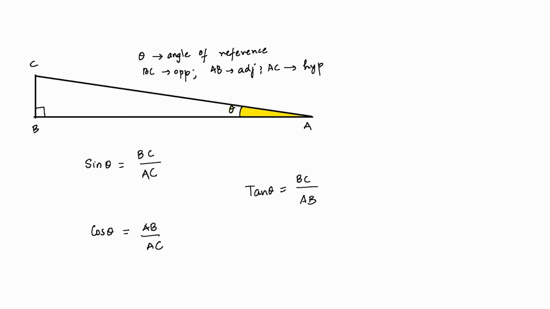Now start imagining that this particular length BC starts reducing to 0. So now think about the following situation, where this particular point C that we have drawn starts moving towards B. If you notice, as C starts moving towards B, the value of theta starts becoming 0.